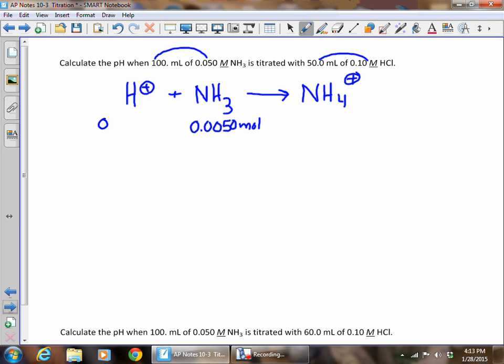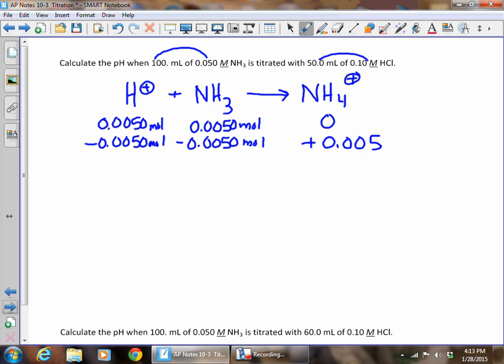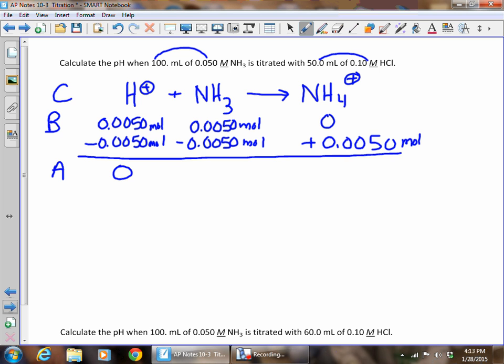And we've got 0.0050 moles of H plus, and of course 0 of NH4 plus to begin with. Since they're both the same amount, we're going to subtract off both of them and add that much to our NH4 plus as it reacts. So we've done the completion reaction, the before concentration, and now the after is this.